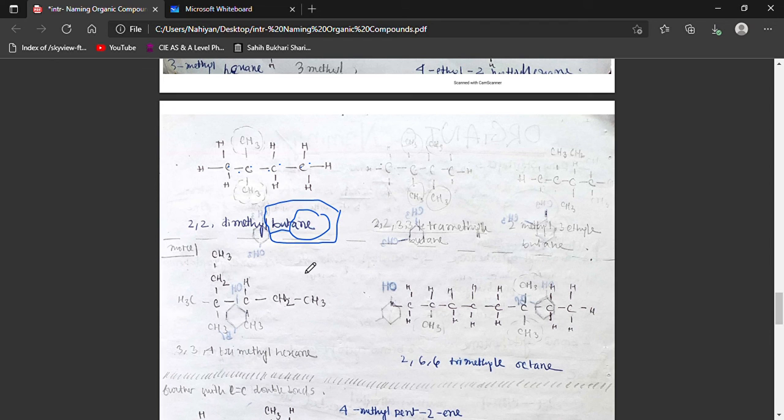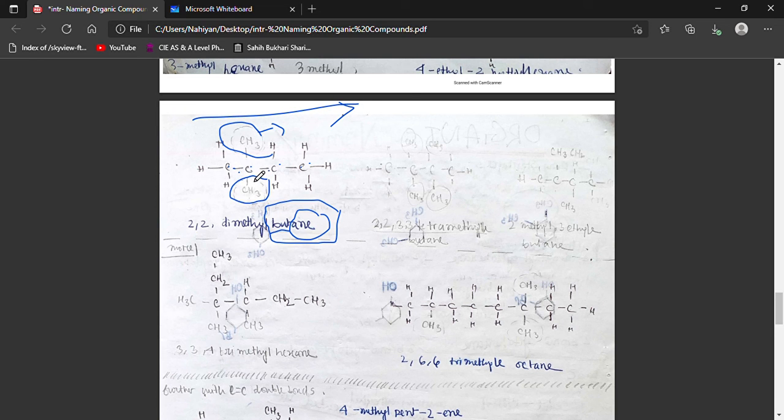And now let's look at the other things. So we see that we have side chains. These are the side chains, which are alkyl groups. So the shortest route to this alkyl, or actually the shortest route from the functional group. Let's say we don't have any functional group here, so the shortest route would be this side.